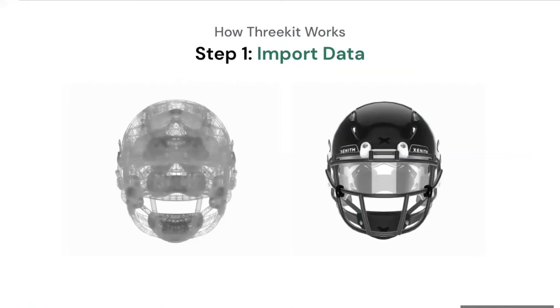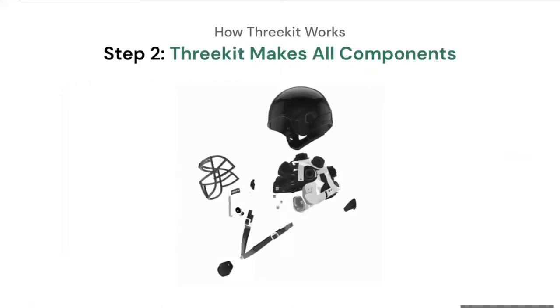So the second step is after the 3D files are in Threekit, this is when we start to optimize them and componentize them. So in the case of this football helmet, we're going to separate the shells, the masks, the straps, those internal components. And here, this is where we're going to make the different color options and mask styles and things like that. And those are going to become the pieces of our configurable product.